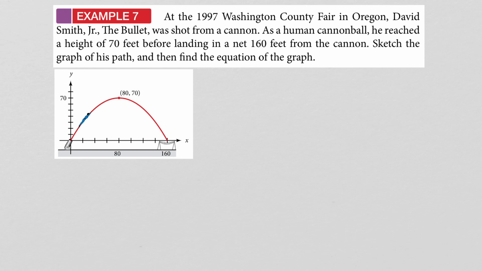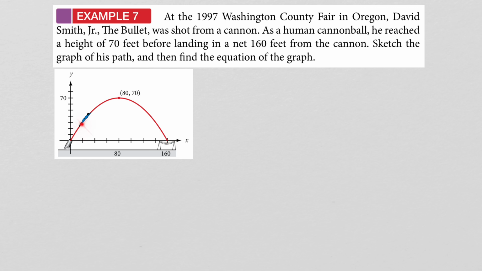Okay, so I have a picture of the graph here. Basically, we're going to assume that the cannon is situated at the origin, and the human cannonball is fired into the air, reaches a maximum height of 70 feet, and flies a total distance of 160 feet from the cannon.